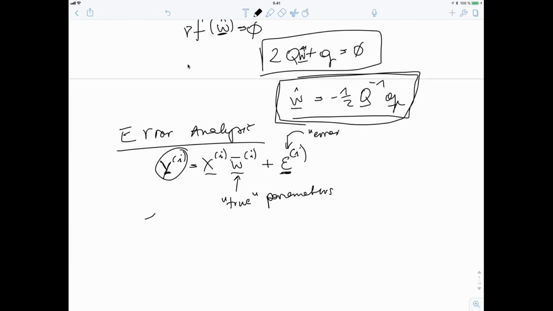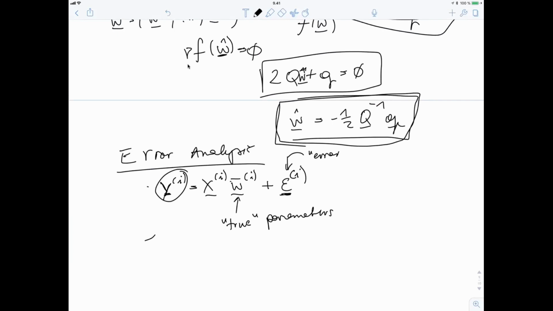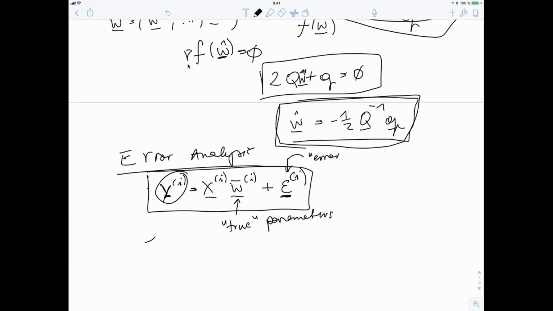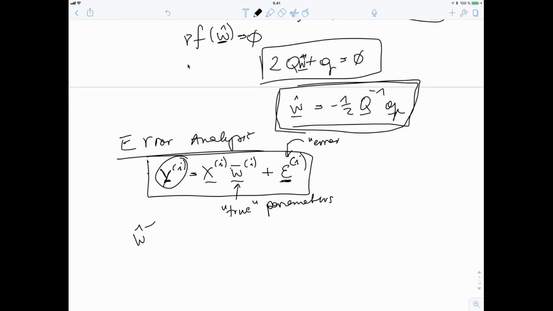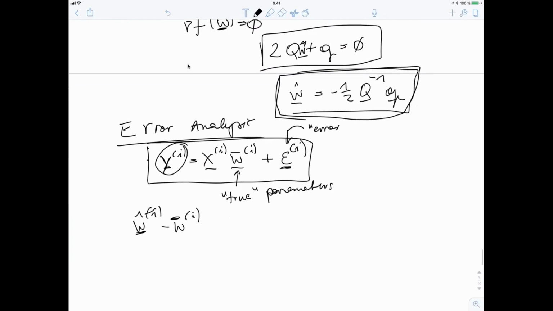Once we say that the data is generated like this or satisfies this model, how much is the deviation of the solutions? The GTVMin solutions are W hat. What's the deviation of the solutions from the true underlying parameter vector?